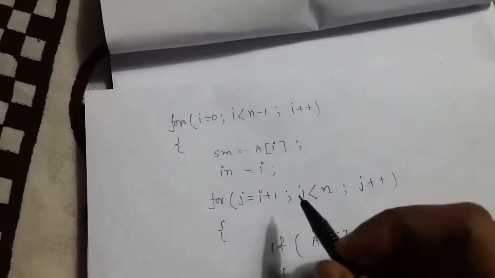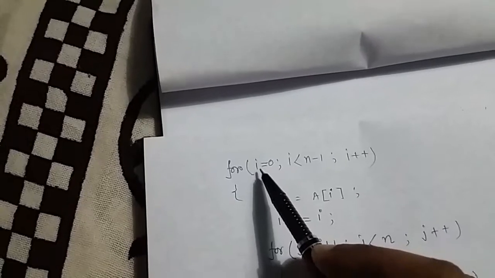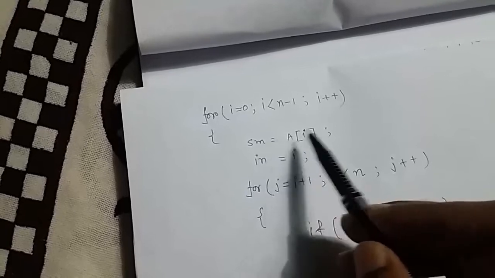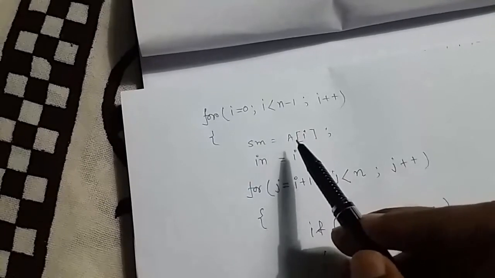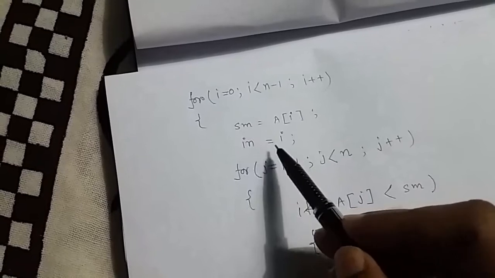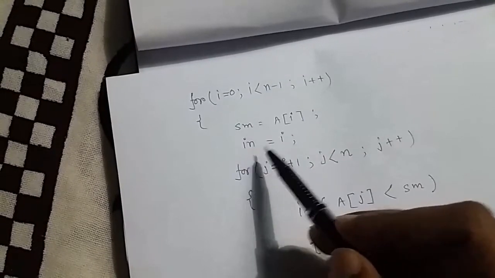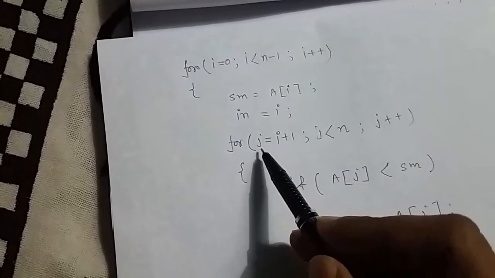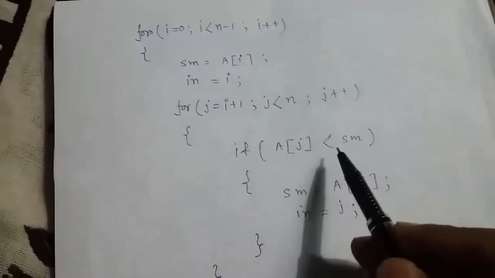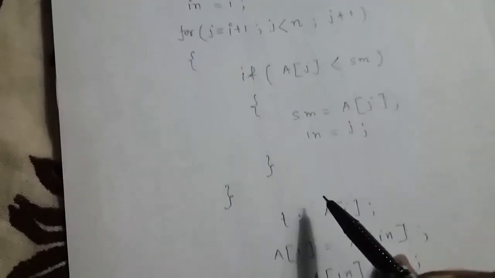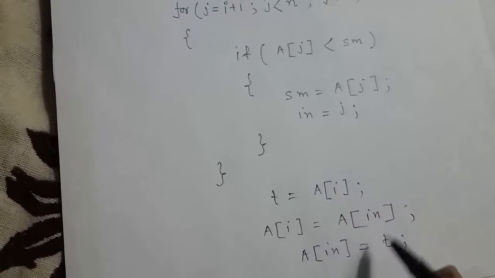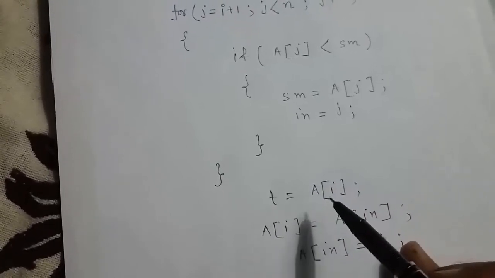So the variables that are used in this code segment: you can see i is the loop control variable for the outer loop, and then sm, which is used for the element to be considered at the start of every pass, and then in, which is used to store the index of the element to be considered, and next j, which is the loop control variable for the inner loop, and at last the t, which is used as the third variable in executing the swapping.